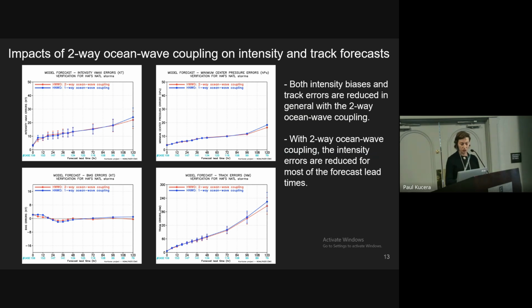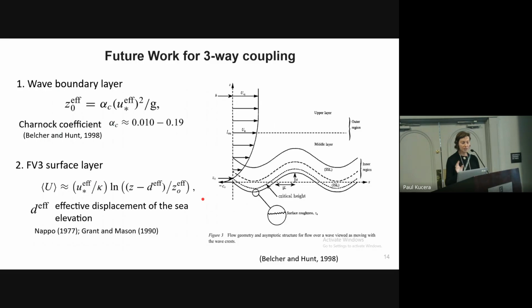So here are the results. In red, we have the two-way wave-ocean coupling, and in blue, we have the one-way ocean coupling. We see that we have improvements for all different forecast hours. Again, very encouraging results. So this is the future work.